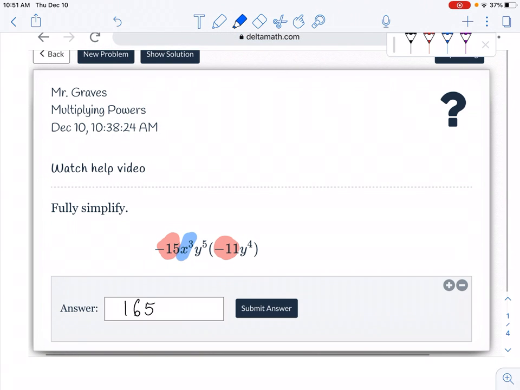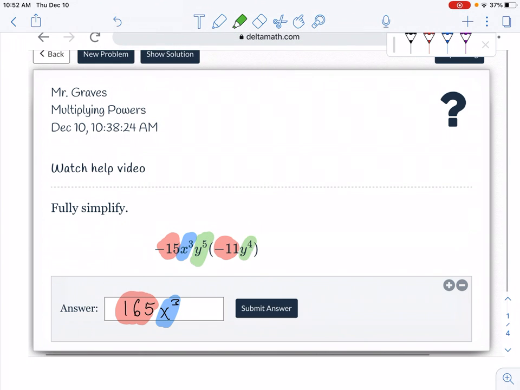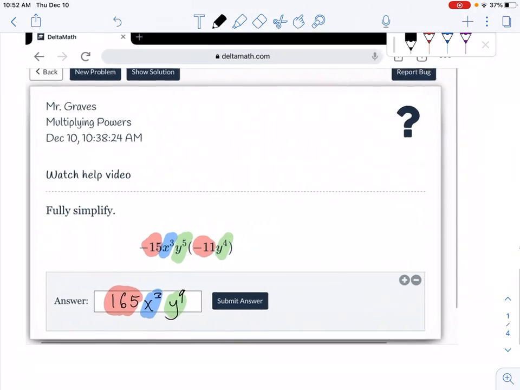X to the 3rd does not have another x buddy to combine with, so it just stays x to the 3rd. That's what I got in blue and red. Here we go. Okay, positive 165 for multiplying those. And then let's see, in green, I have y to the 5th and y to the 4th, which is going to give me, when we add 5 plus 4, we get 9, y to the 9th.